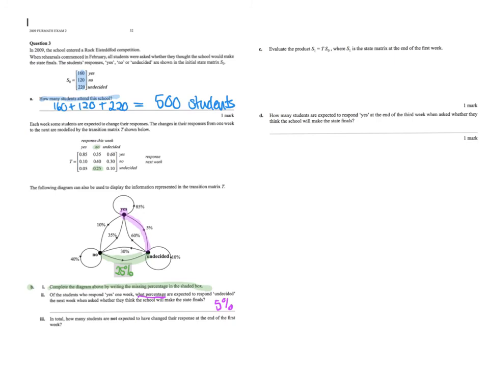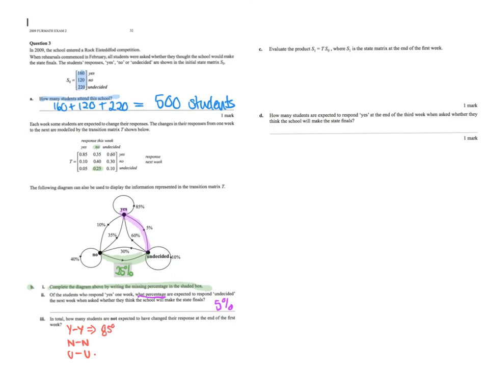So in total, how many students are not expected to have changed their responses at the end of the first week? So if you think about it, if you don't change your response, that means you could have gone from yes to yes, no to no, or undecided to undecided. So if you look at the percentages for that, yes to yes is 85%.